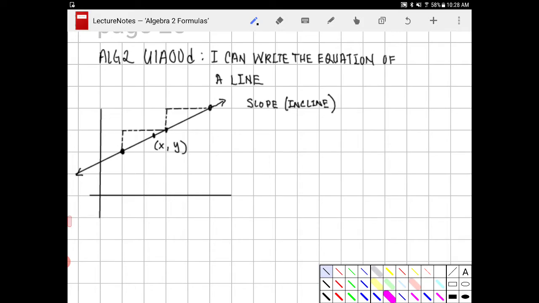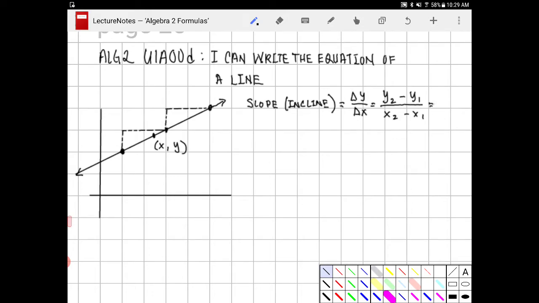So the slope of the line is the incline of a line. And it can be described as change in y over change in x. Other forms representing this formula can also be expressed as y2 minus y1 over x2 minus x1. That is the slope of a line.